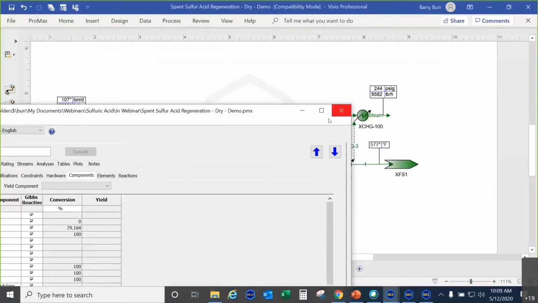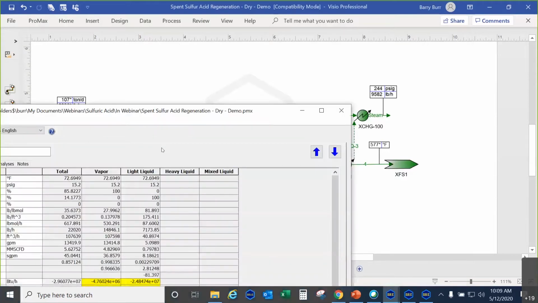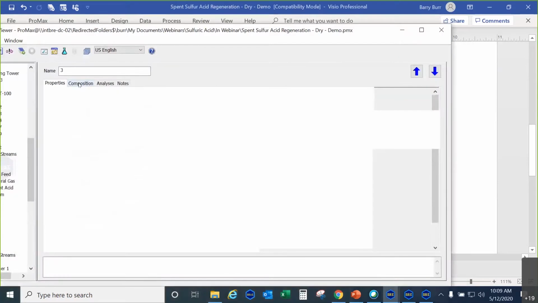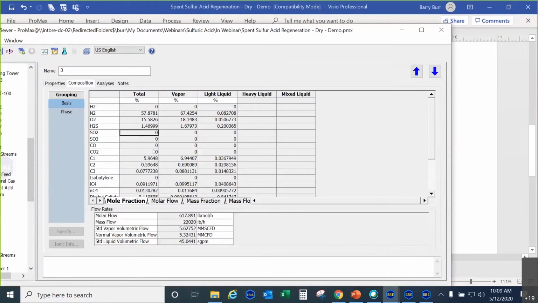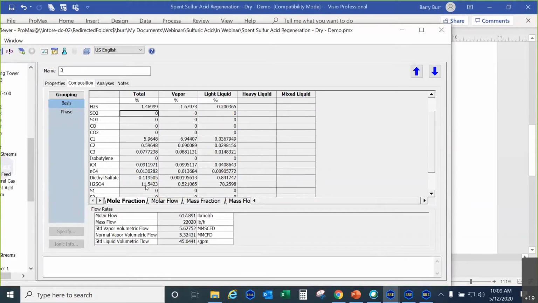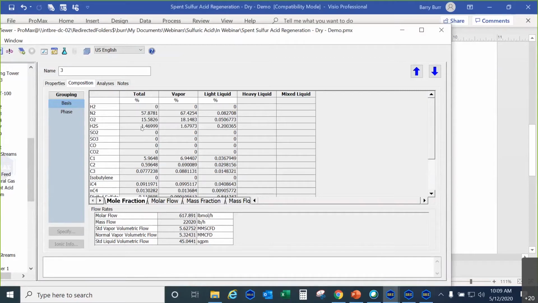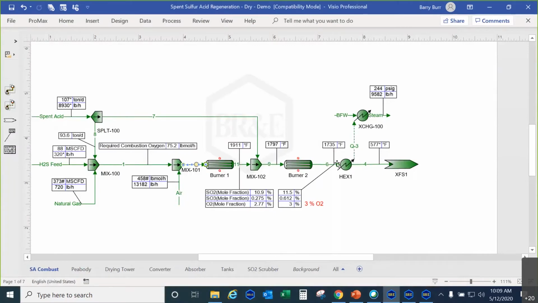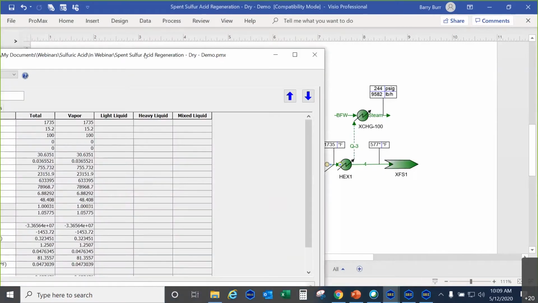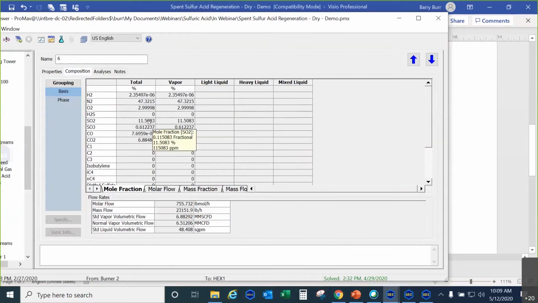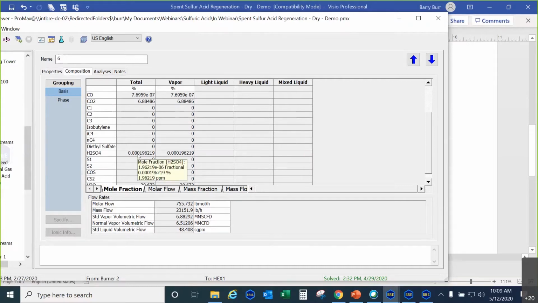And you see the inlet does not have any SO2 or SO3, but it has a lot of sulfuric acid and H2S. And then on the outlet, after both burners have done their thing, we no longer have any H2S. We have 3 mole% oxygen, and the sulfuric acid is basically gone.